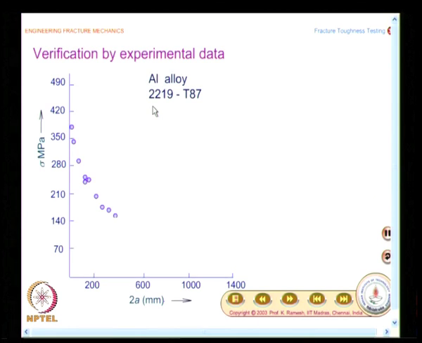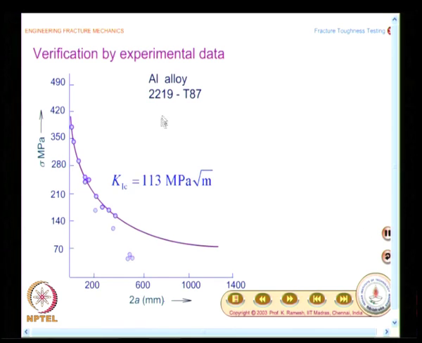I have a result for aluminum alloy 2219; you draw the x axis, which gives the crack length, and you have the stress levels on the y axis. These points are drawn, and you have a line passing through that.